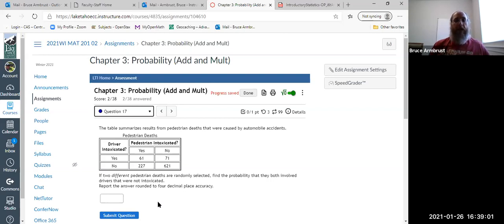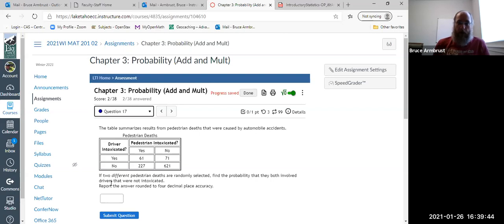And what about this tells you that it's without replacement? Good, it's that phrase, two different. It's different pedestrian deaths. So if we pick person number 1, we don't put them back into the mix because we want a different person to look at. So now we're going to reach in and get a second. So we're not replacing. All right. So what we're going to want to do is the same thing we did before, which is multiply them together and figure out what is the probability that occurs.